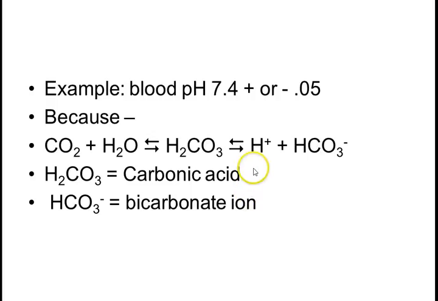Now, if something's going on that's adding more hydrogen ions to our blood, trying to make it more acidic, it's going to push this reaction back to the left and tie up those hydrogen ions in carbonic acid and then cause that to release carbon dioxide. If something's going on that's pulling hydrogen ions out of our blood, trying to make it more basic, then more of this carbonic acid will dissociate, releasing hydrogen ions. So it's a balancing act, and that's what keeps the pH stable.